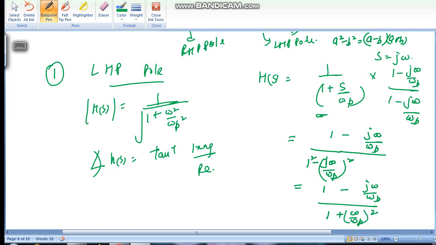Now this is the imaginary part, divided by this term, the real part.